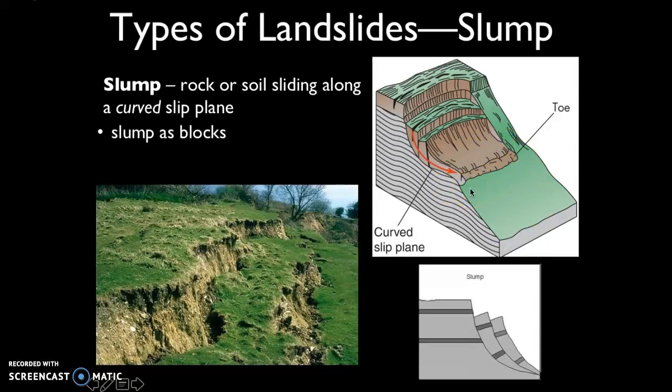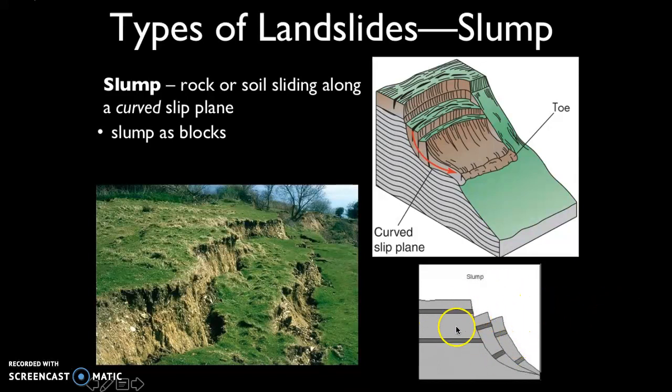Okay? So in this image on the left, the head scarp is this feature right here. And then underneath, at some depth, is the curved slip plane underneath these blocks. You're seeing one of the slump blocks right here, potentially another one right here. And somewhere off in the image where we can't see is the toe at the bottom.